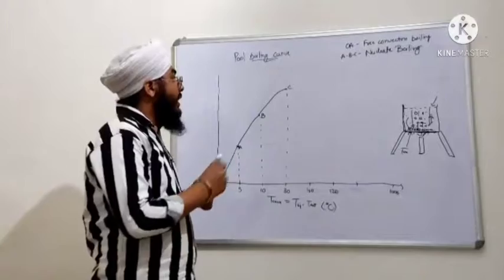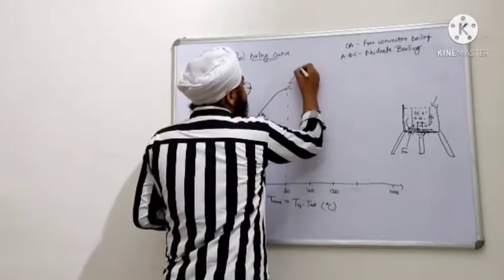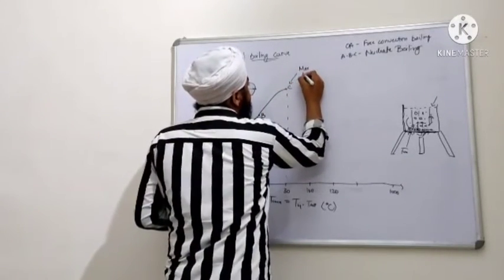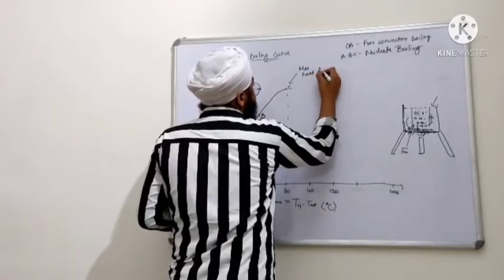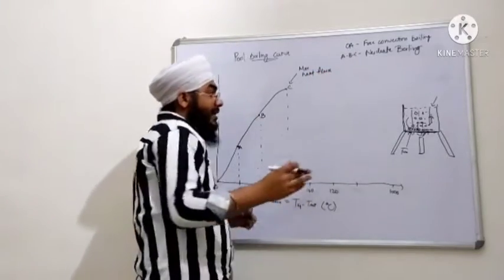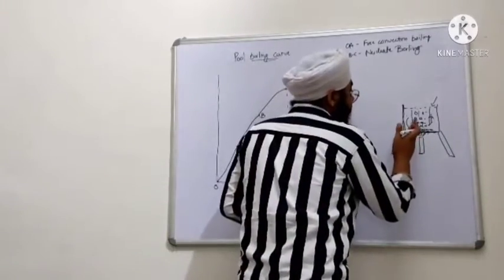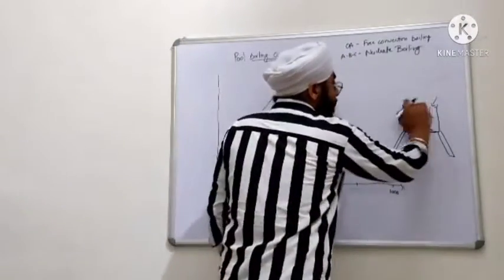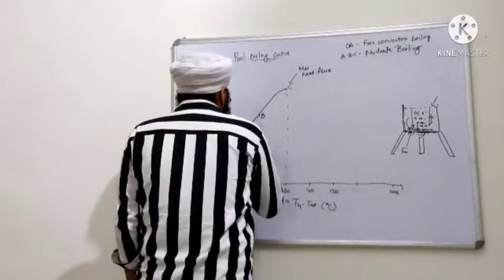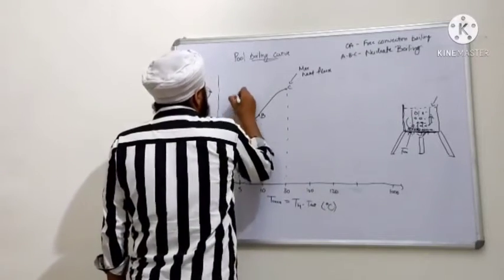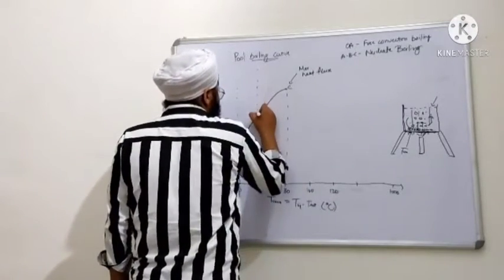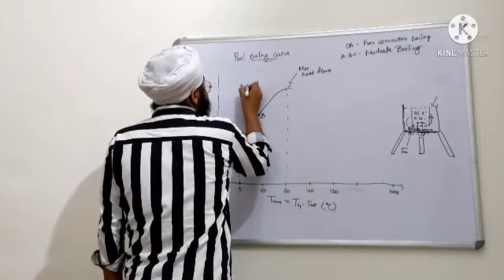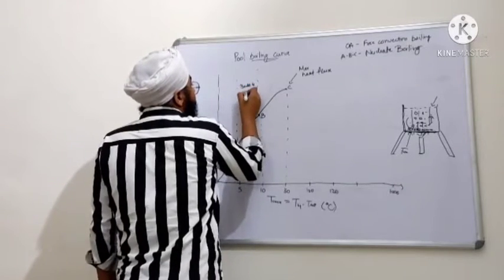Now at point C, there will be maximum heat flux, because at this point bubbles are forming a flow and they are going upward to the uppermost layer. So we can label the AB part as bubble collapse. Why?